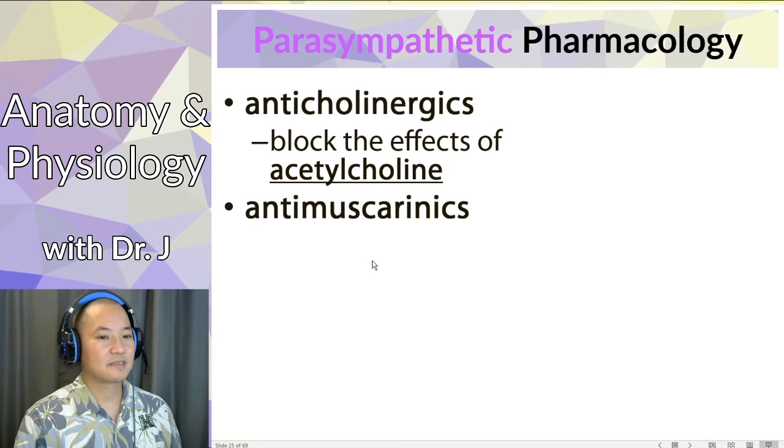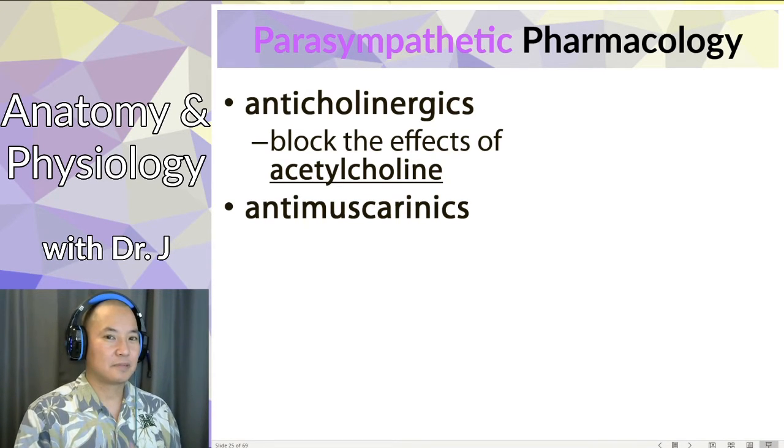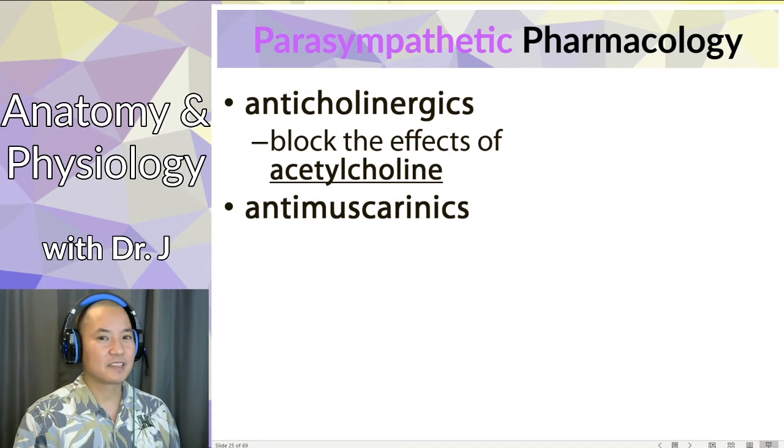And anti-muscarinics, okay, so remember that at the preganglionic and postganglionic synapse in both sympathetic and parasympathetic, you have acetylcholine and you have nicotinic receptors. But where do you find muscarinic receptors? You only find them at the synapse between the postganglionic neuron in the parasympathetic nervous system and its target tissue. So these anti-muscarinics are going to block that receptor.